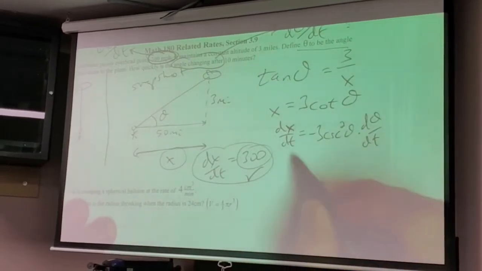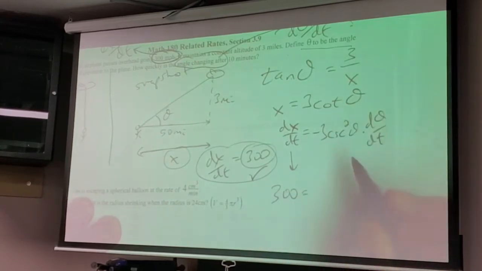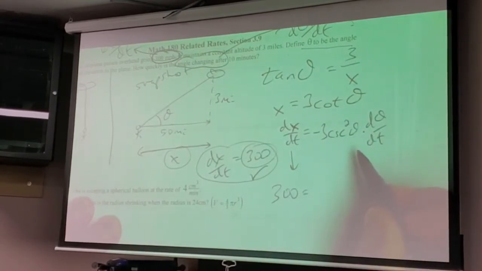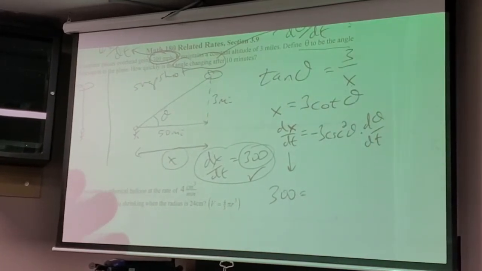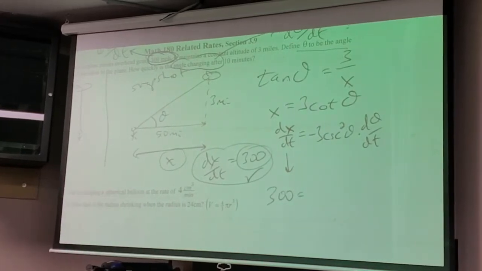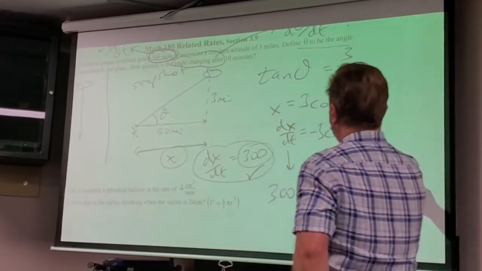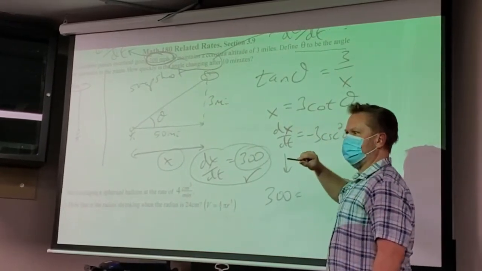What's dx dt? 300? Oh, and here's what I don't know: theta. How can I figure out theta? And what do I want theta at, at a time when what? At 10 minutes.